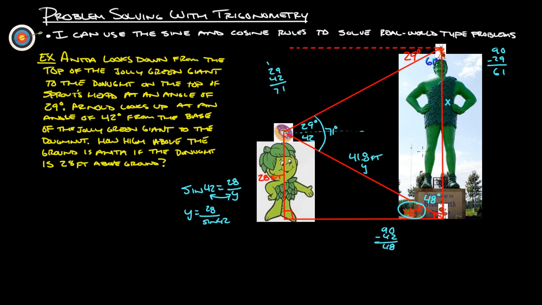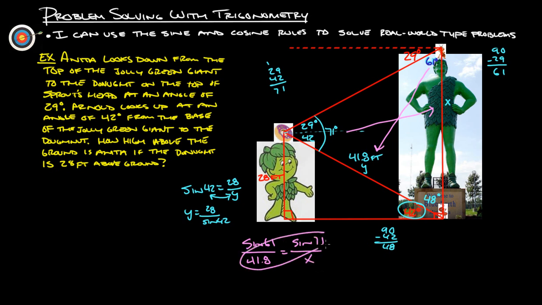Okay, so now we can use good old law of sines to set up our ratio here. So sine 61 is to 41.8 as, this is the side we're looking for, so equals sine 71 is to x.